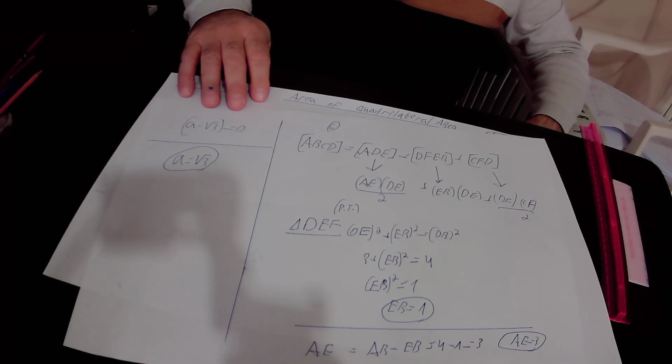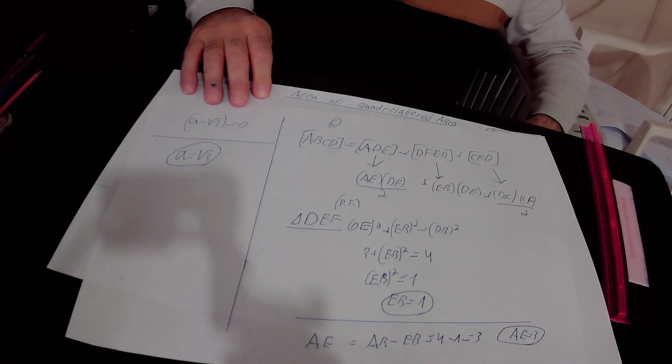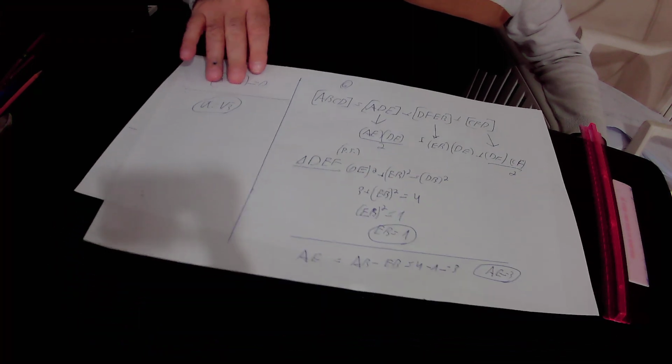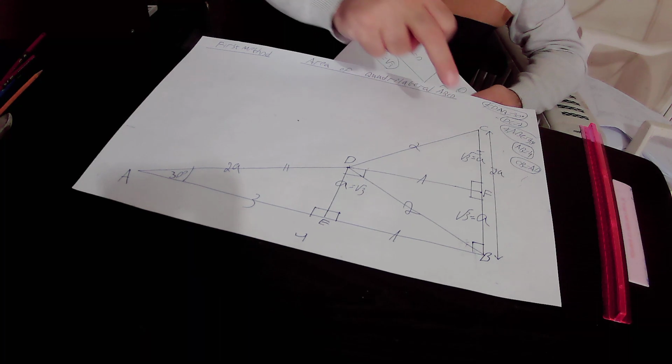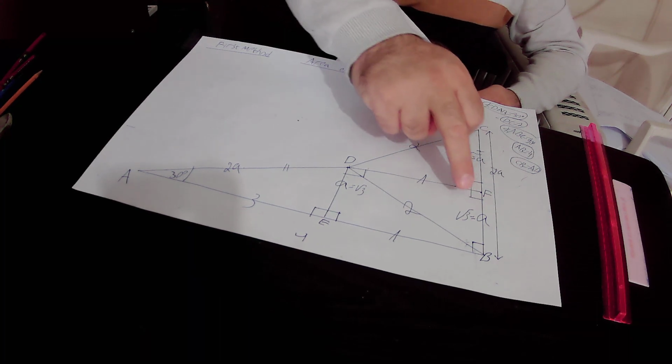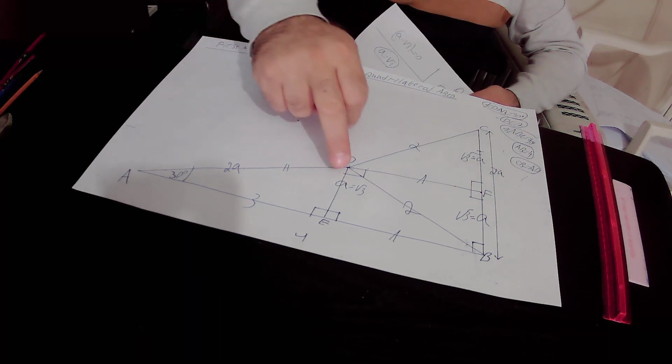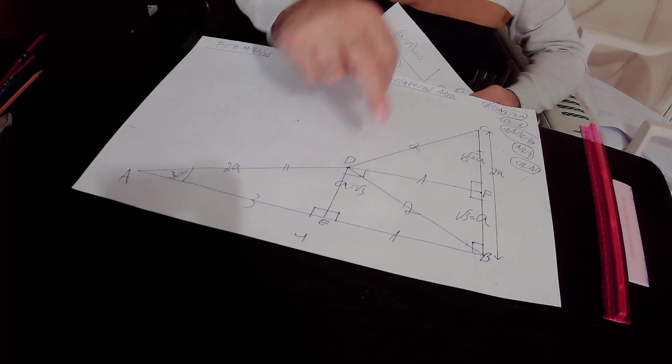We added square root of 3 to this equation, and we found out that a equals square root of 3. So here we can write down that a equals square root of 3. Here also equals square root of 3. Here also equals square root of 3 units.